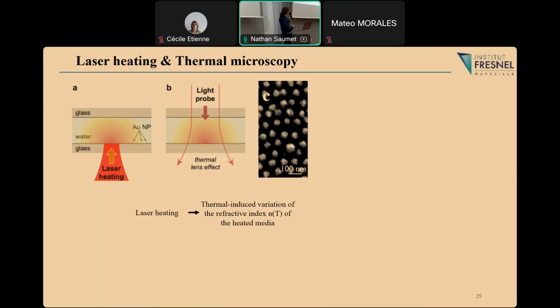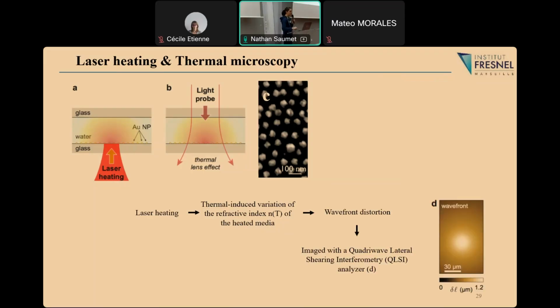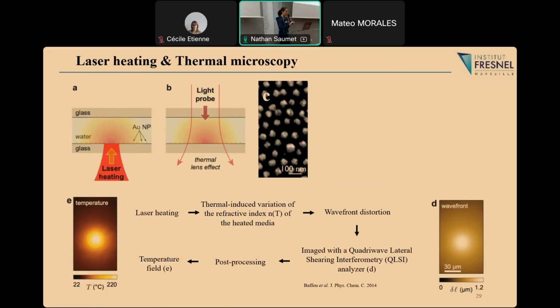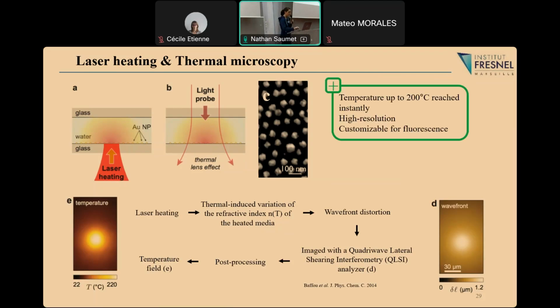So this can be detected by the light probe through a thermal lens effect, which will induce a wavefront distortion, which can be imaged with a phase camera, which is also called quadri-wave lateral shearing interferometry. And we observe this. And thanks to post-processing and a well-developed algorithm, we can go back to the temperature of the sample. So with this technique, we can have the temperature of the sample.